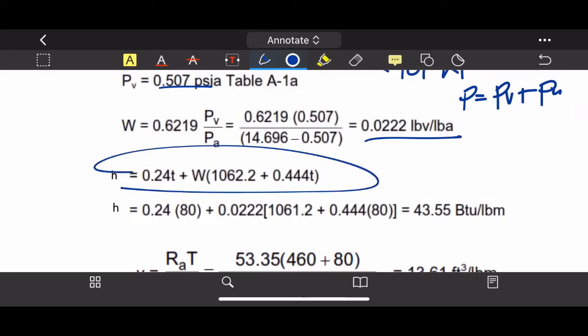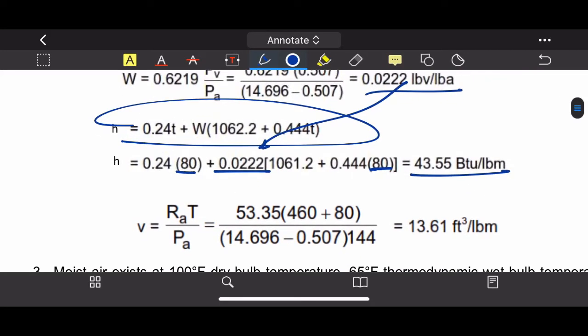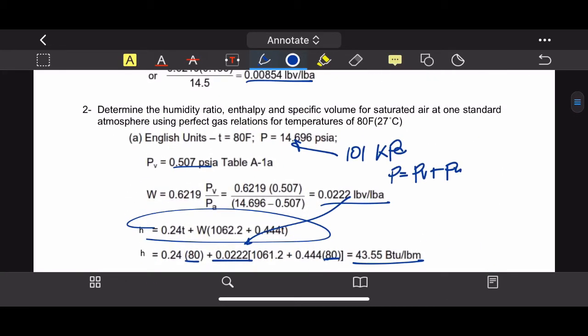So we have our temperature 80 degrees Fahrenheit, we have the specific humidity, we also have again the temperature. So put in all this and you get your answer, which is 43.55 BTU per pound mass.